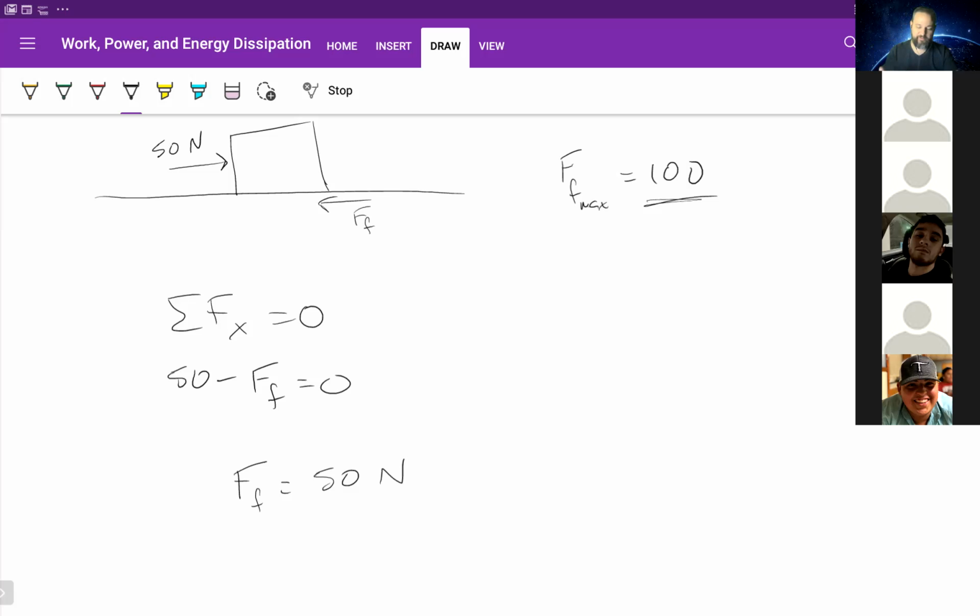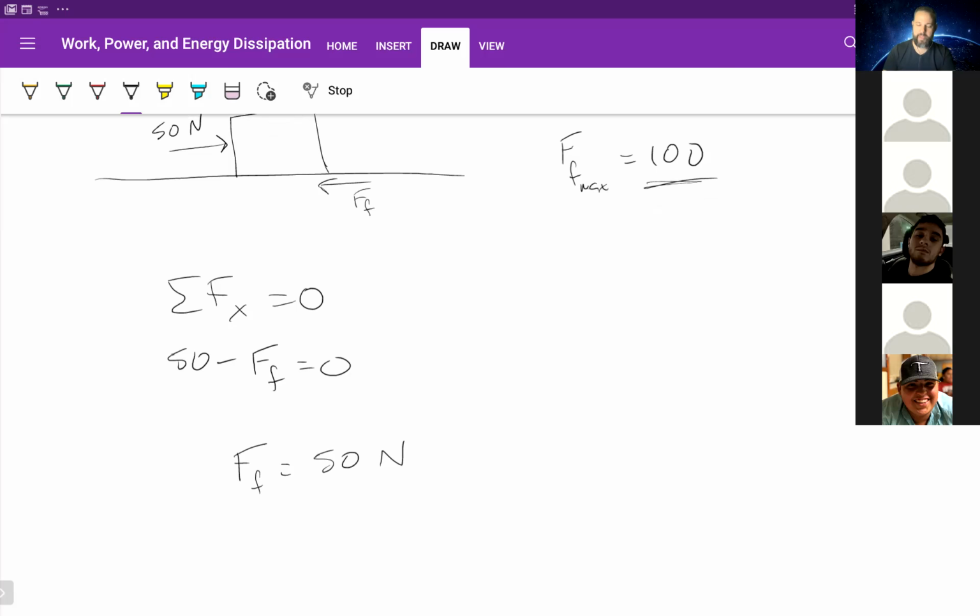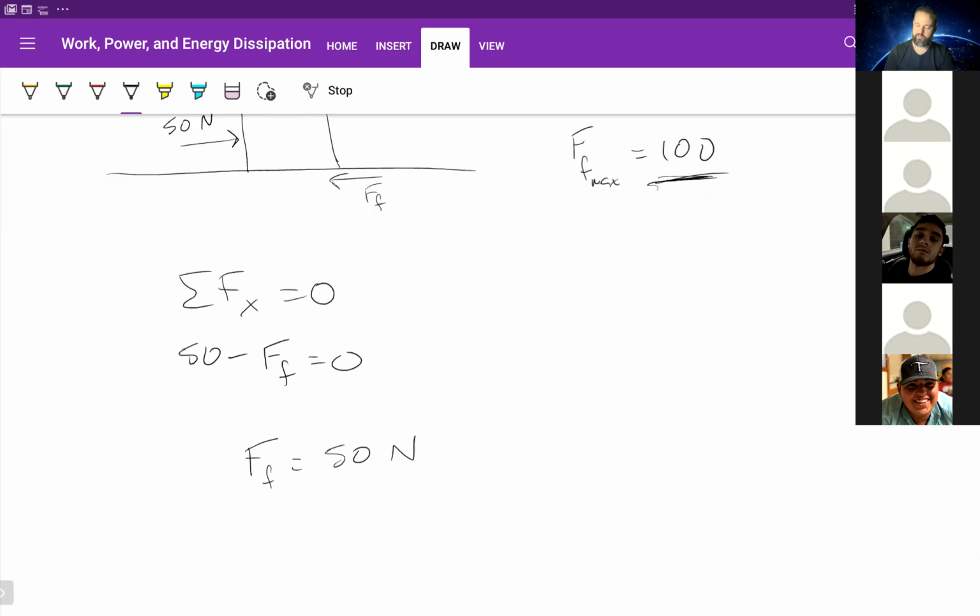Now, if I'm pushing with 150 Newtons, that exceeds the static frictional force, and so I'm no longer using static friction. I'm using kinetic friction at that point. So the max it can be is 100 in some situation.